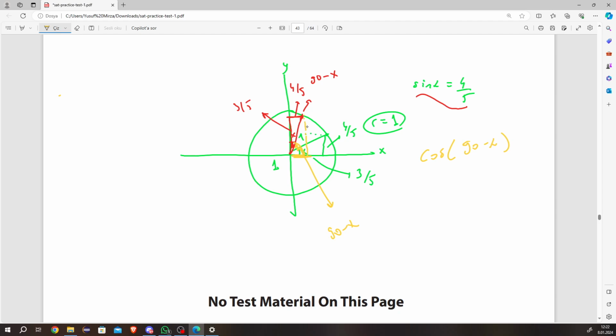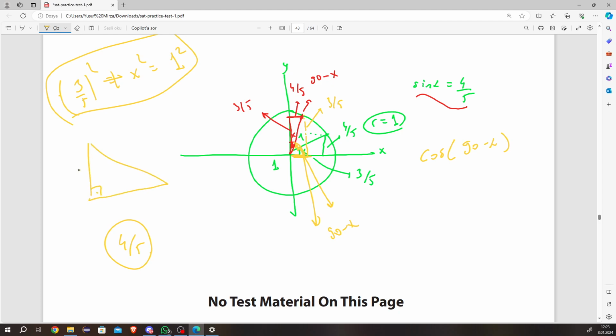We found 3 divided by 5 here, so it should be 4 divided by 5, because for the Pythagoras theorem it should be like that. You know, the Pythagoras theorem is this, if we're trying to find the triangle.